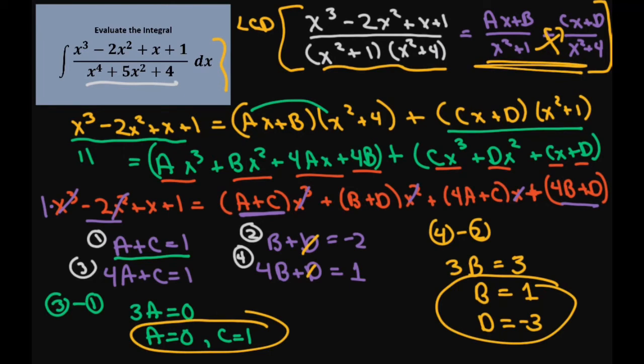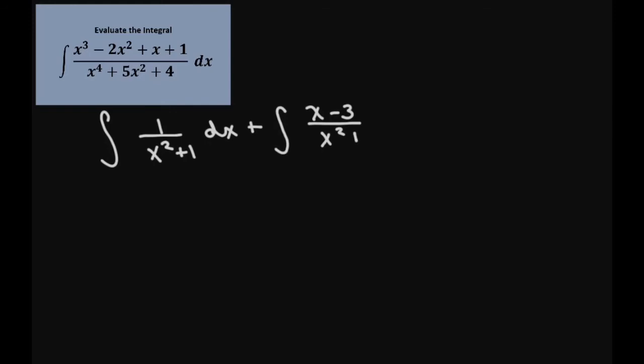So now let's rewrite this, and I'm going to split it up as the integral, and then our a was 0, so we just have 1 divided by x squared plus 1 dx. Then we had plus the integral of (x minus 3) divided by (x squared plus 4) dx.